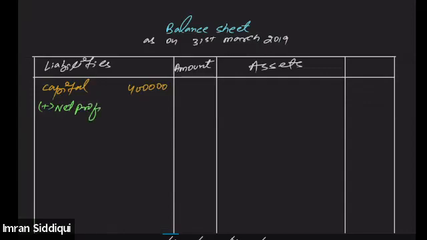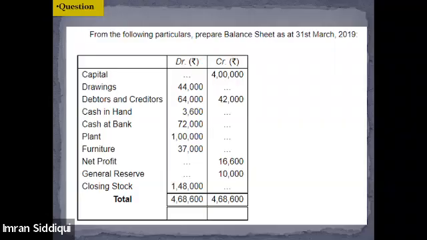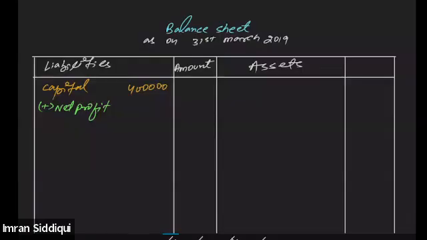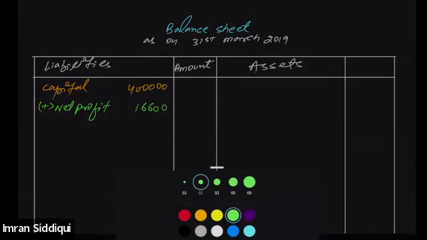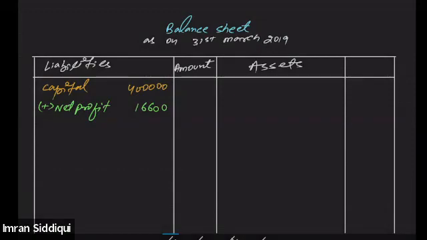It should be given in the question. Let's try to find out the amount of net profit, whether it is given or not. Yeah, as I can see, net profit is given at 16,600. So we'll have to add this 16,600. And if there are any drawings, we need to subtract the amount of drawings.